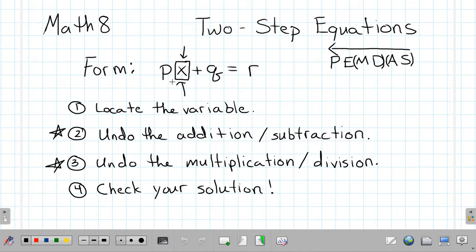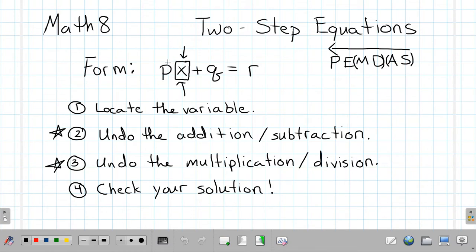So this also goes for subtraction, but in that case, if we wanted subtraction, we would just make Q a negative number. Same thing if we wanted division here with multiplication and division. Instead of multiplying times P, we could just technically make P a fraction, like 1/3 or 1/2.